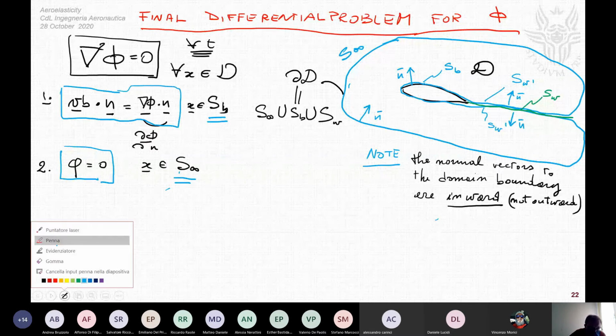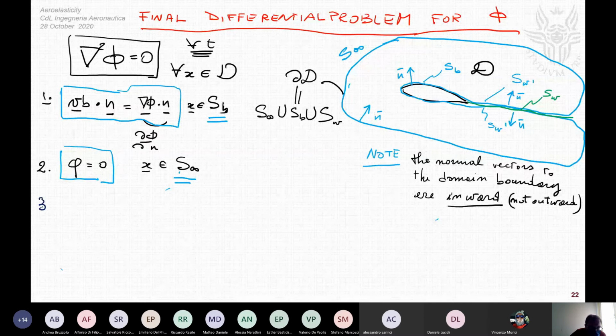Third boundary condition, the wake. On the wake, the jump of the derivative of phi on n is equal to 0 for x belonging to S wake.